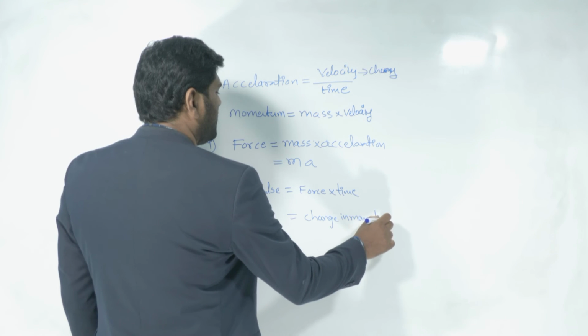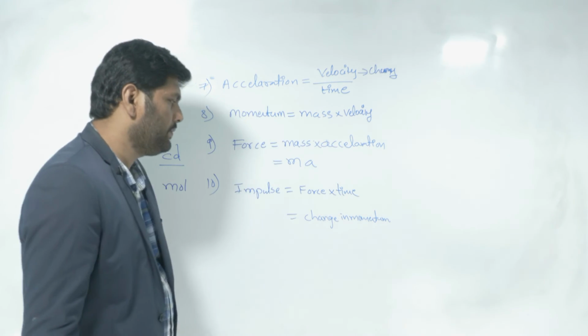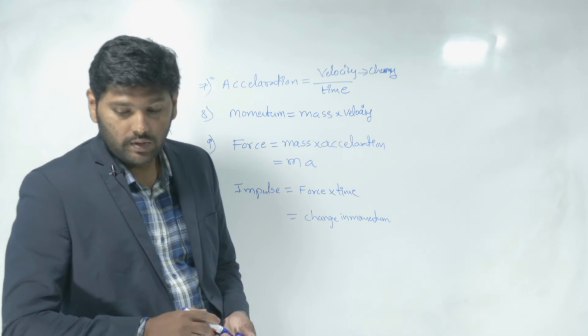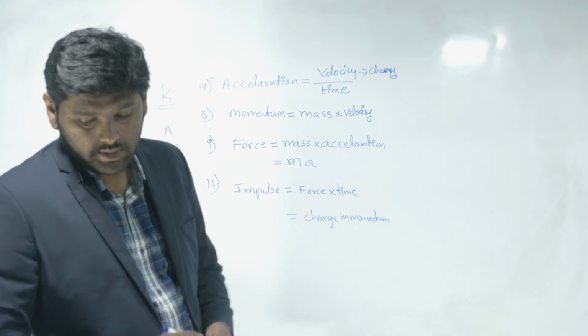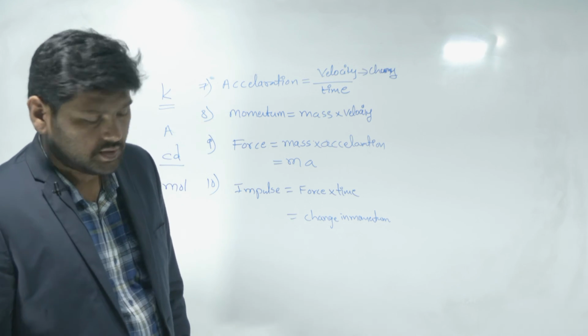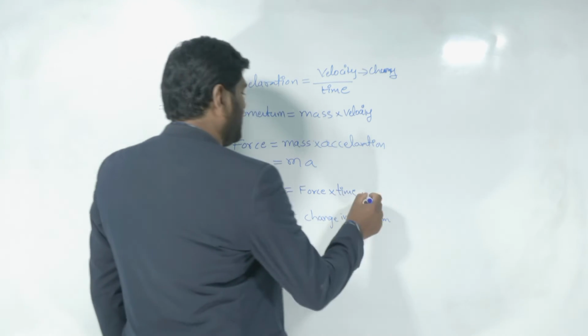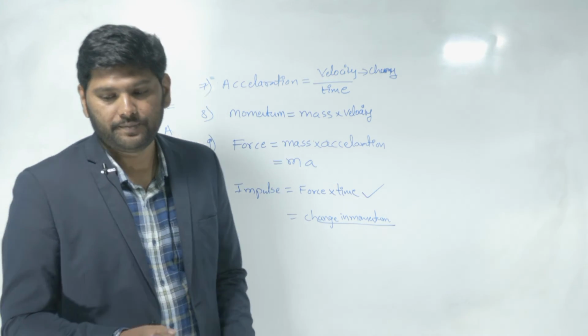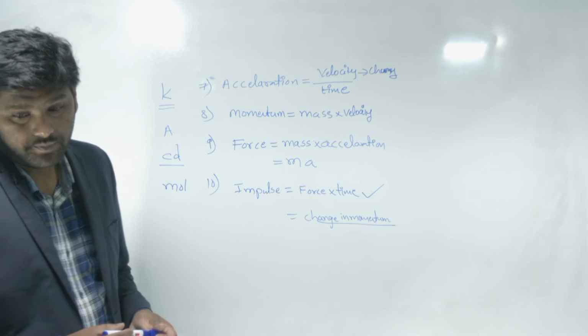The change in momentum is also the same. Here they have given force into time, so you can take this answer. Even this answer is correct, and change in momentum is also a correct answer.